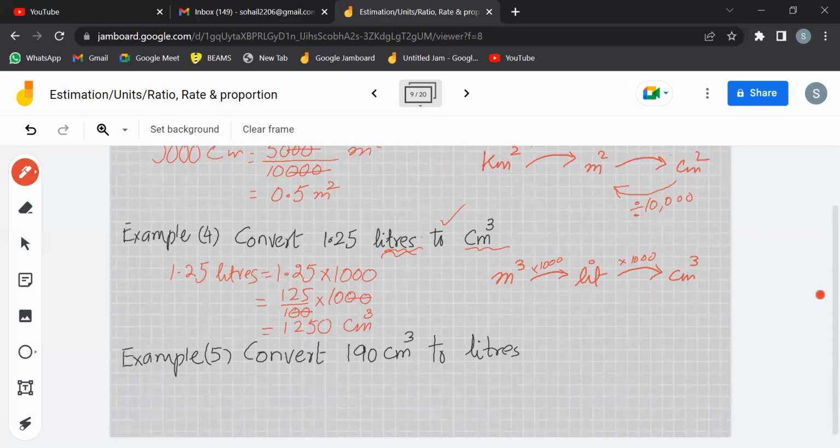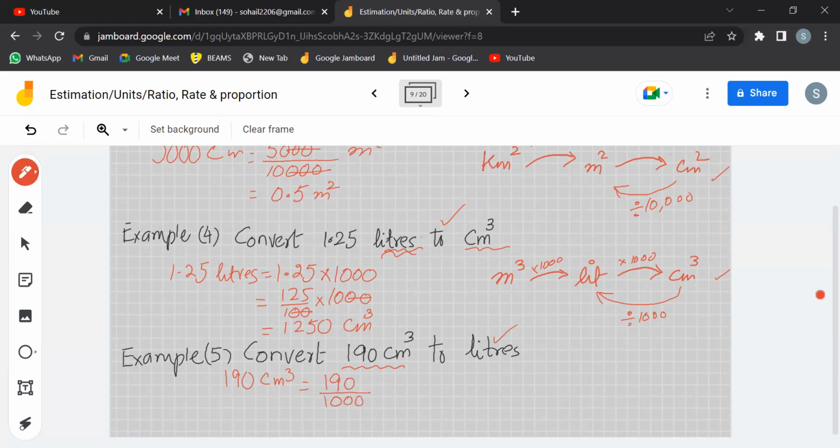So here is from centimeter cube to liter. Centimeter cubes to liters means reverse, you divide. So always draw this pattern to avoid mistakes. 190 centimeter cube, as we want to convert from centimeter cube to liters, 190 divided by 1000.